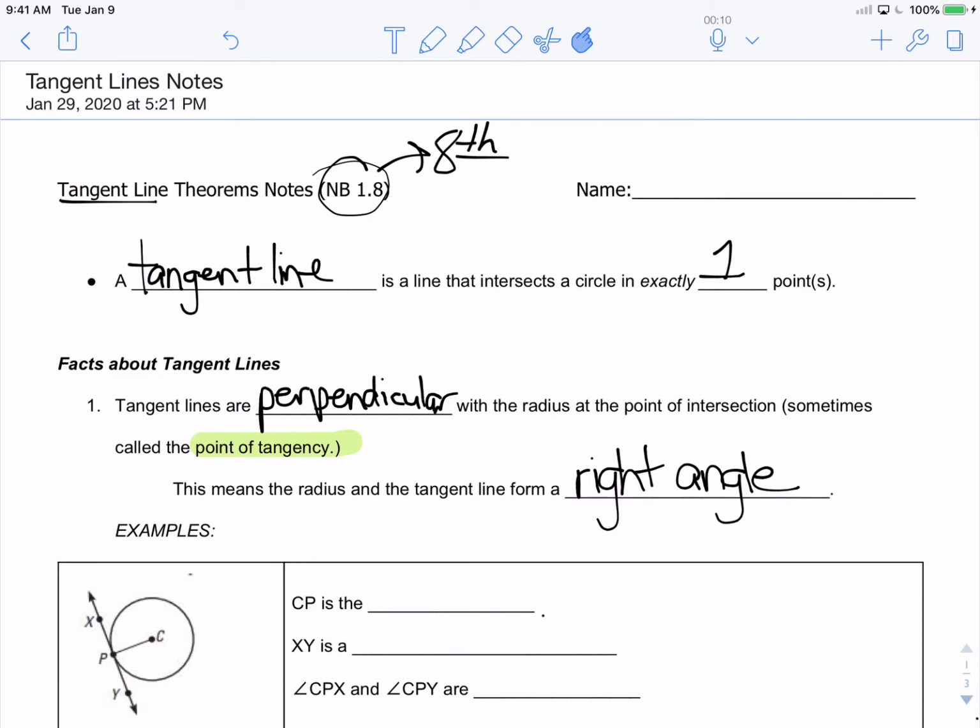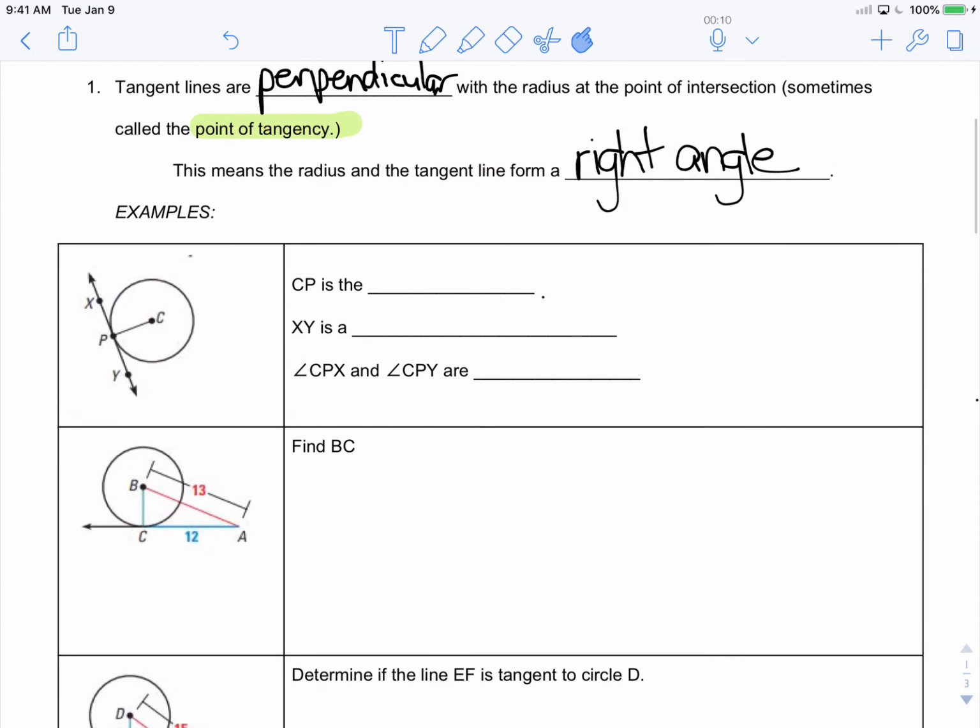Okay, so in this example, CP is the radius, XY is a tangent line. And that makes, since they intersect together, those right angles.